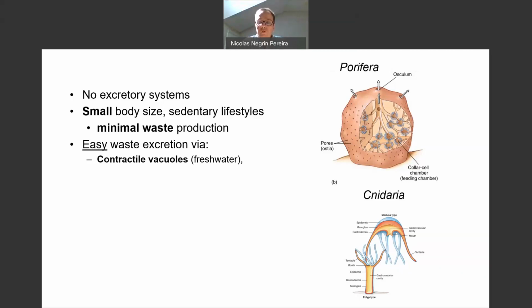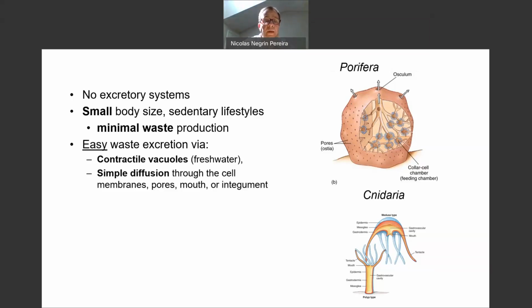And when they do that, they also excrete those wastes generated by the individual. The exact mechanism of how these vacuoles draw water inside to be eliminated is not very well understood, but apparently they have proton pumps that pump protons inside the vacuole, and that will draw the water, and that's how they fill these vacuoles and get rid of the excess water.